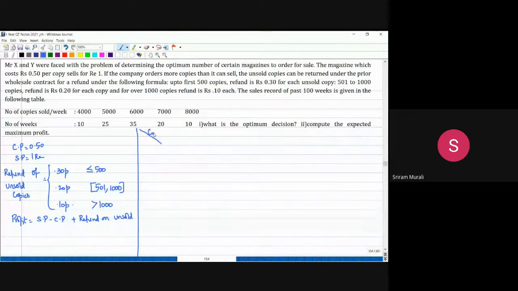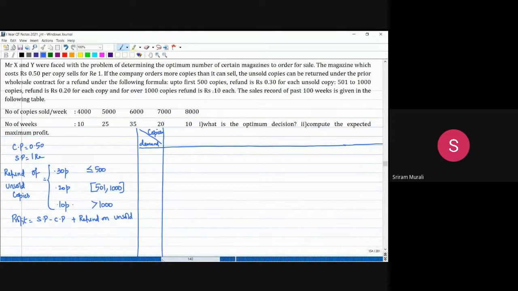Copies and then demand. I put K in the place of thousands. This is 4K. Then 5K, 6K, 7K, then 8K. This is also equal to 4K.